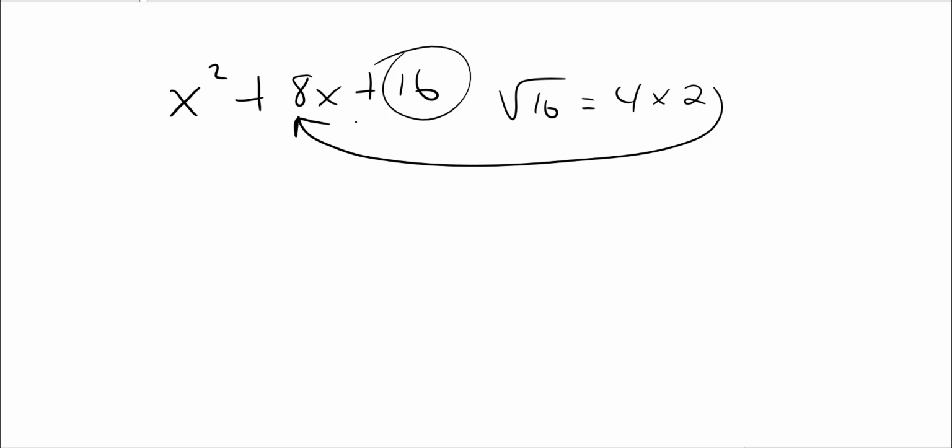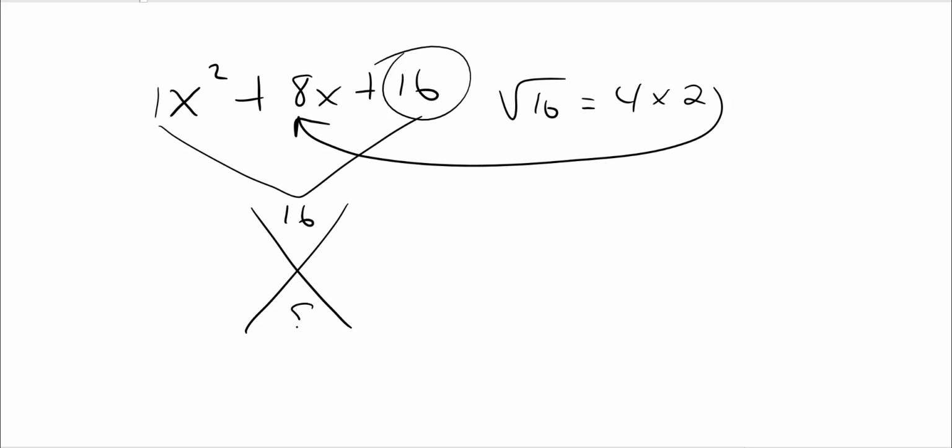So I know it's going to be a perfect square trinomial. Okay, so let's go ahead and factor it though. So it's going to be 1 times 16 is 16. We draw our x. Put an 8 down here. What numbers multiply to give you 16? 4 and 4, because 4 plus 4 is 8. So there we go, x plus 4, x plus 4. Pretty easy.